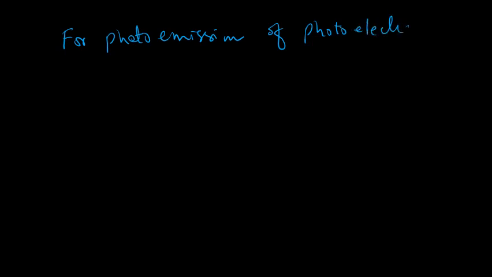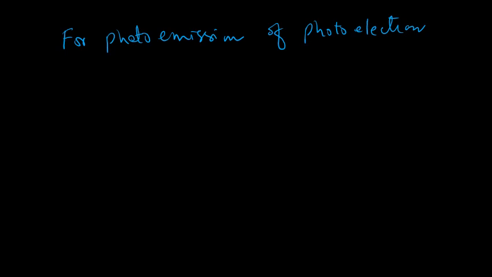So photo emission here means that when we make light of a specific frequency incident on a metallic surface, photoelectrons are emitted as the result of the incident light.